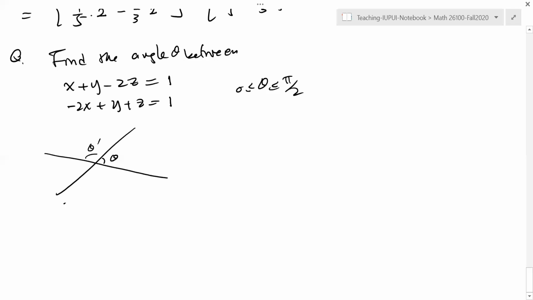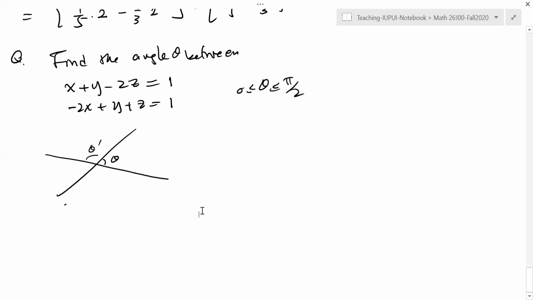So in that case, how can I find it? Each plane has a normal vector. So using the normal vectors, this is a normal vector, right? The other one, we don't know. Maybe this is perpendicular, and here's another normal vector, and this angle is theta. But if it happened that you choose a different direction, this will be theta prime.